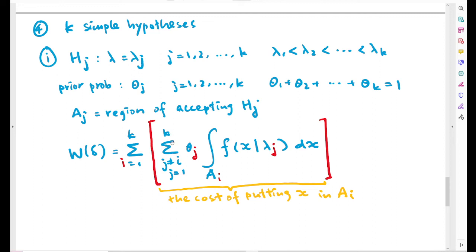That's why the summation inside the parentheses is a summation over j without i. We sum j from 1 to k except i. And theta j times the integral here is the total probability of making a mistake.